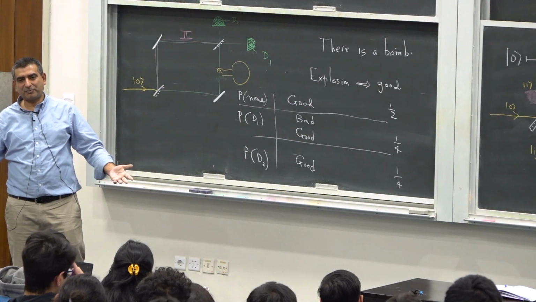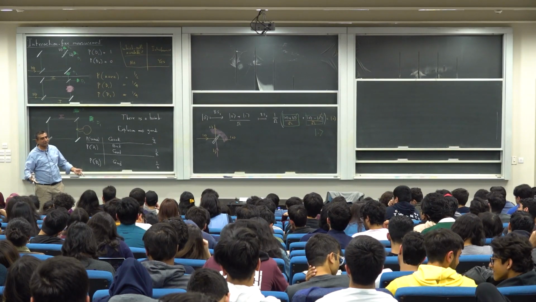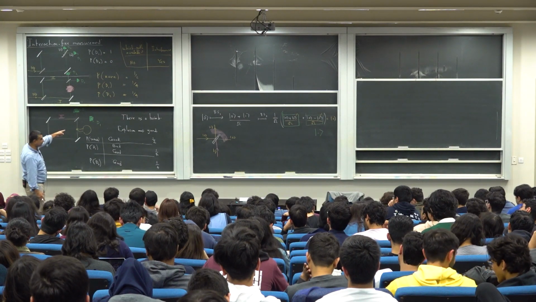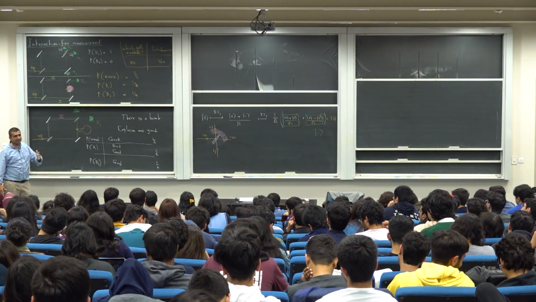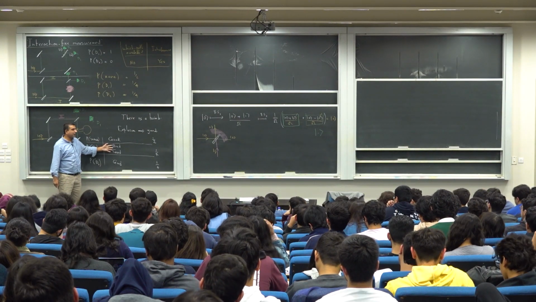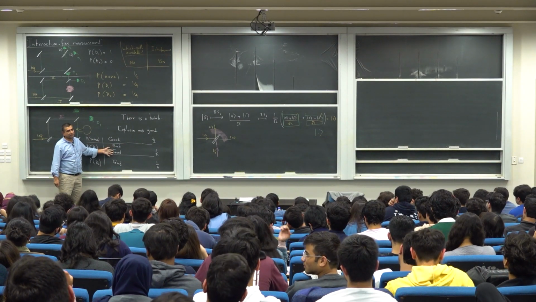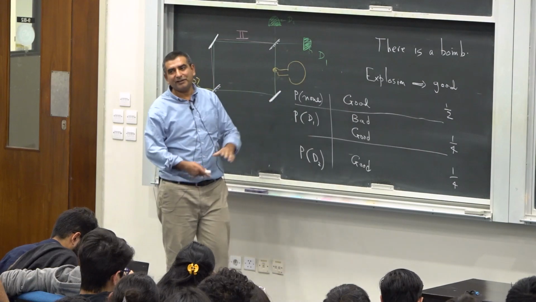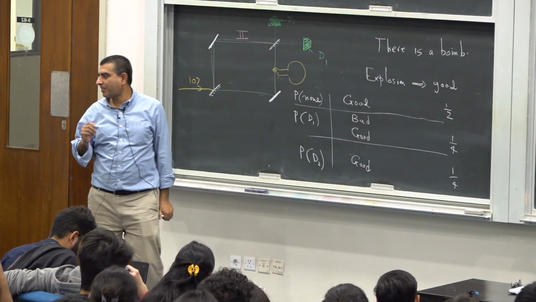And now you know that the photon has taken path number 2, the which-path information has collapsed. So these are two realizations, but you can't tell whether it's a bad bomb or a good bomb. So D1 does not tell you anything.